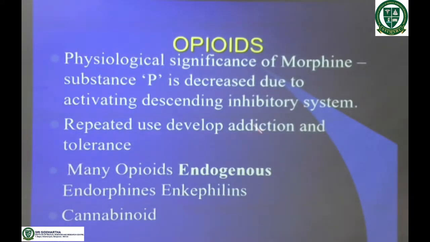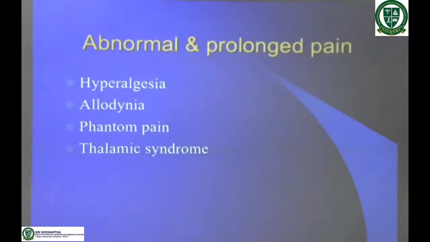Repeated use leads to addiction and habituation, or tolerance will develop, because of which the pain is inhibited. Then there are many opioids like endogenous endorphins or enkephalins and also the cannabinoids. So these are the opioids which can be used to inhibit pain.